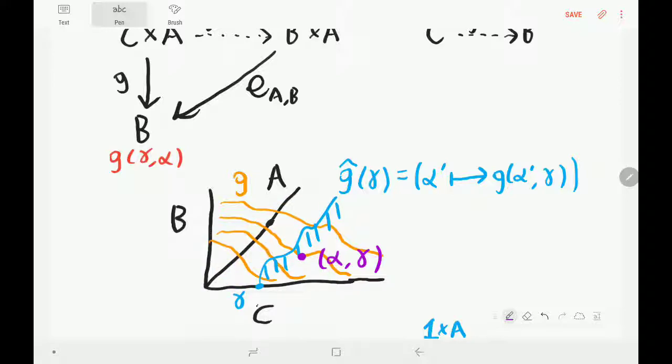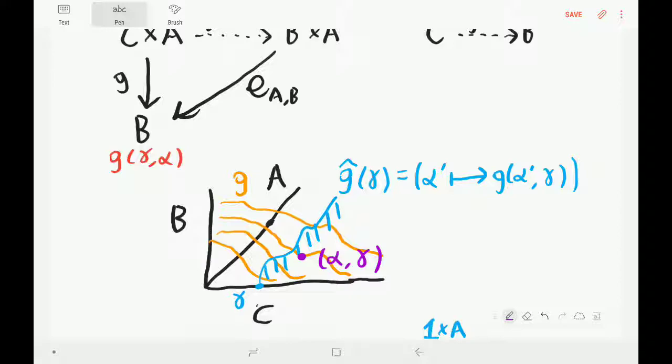We put in an input which is a gamma in C and some value of A, and that's like a point in the plane, and then this surface here represents G, and how high a point is above a particular point on the plane represents the value of G of gamma comma alpha. Okay, so that's fine. This surface is really representing G.